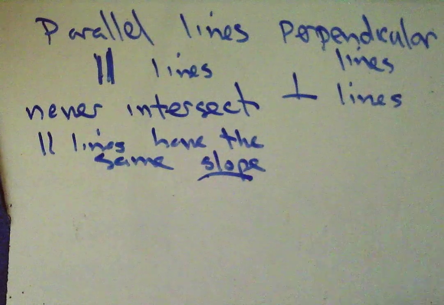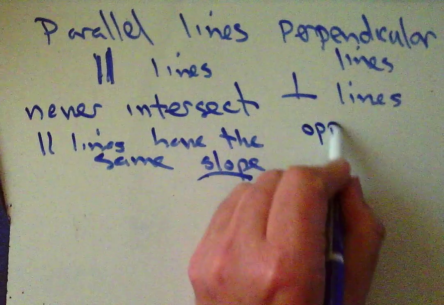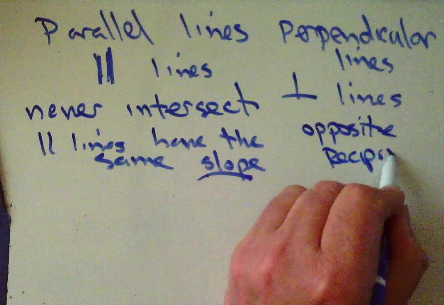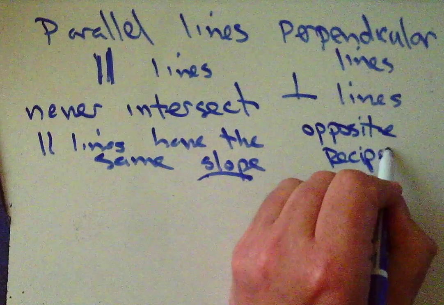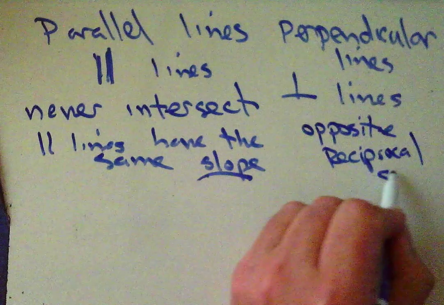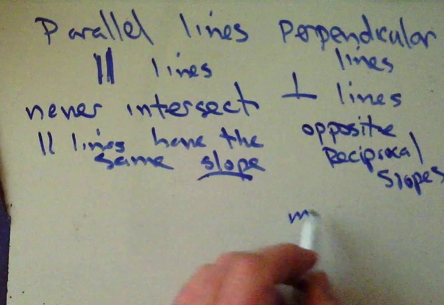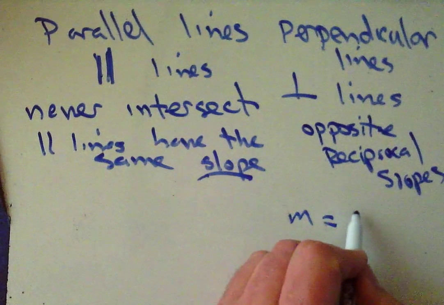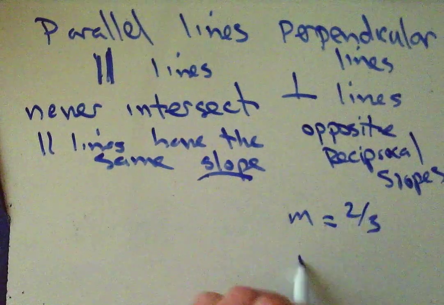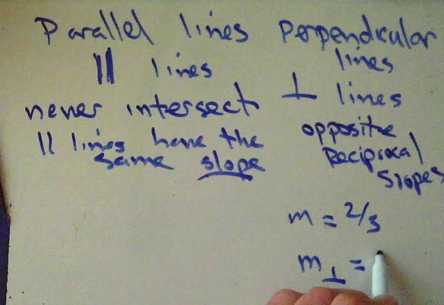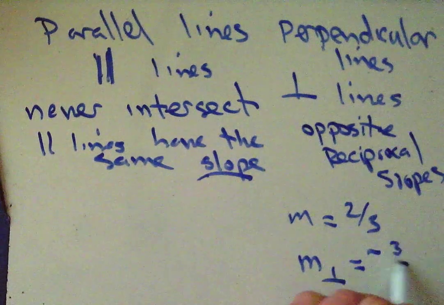Perpendicular lines have opposite reciprocal slopes. So, for example, if the slope of one line is 2 over 3, then the slope of the line perpendicular to that will be the opposite reciprocal.